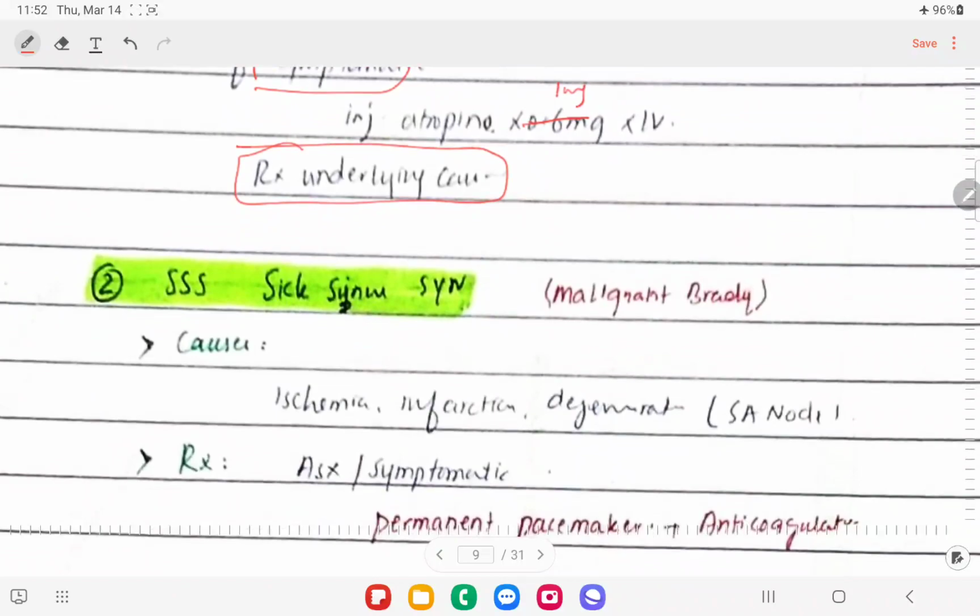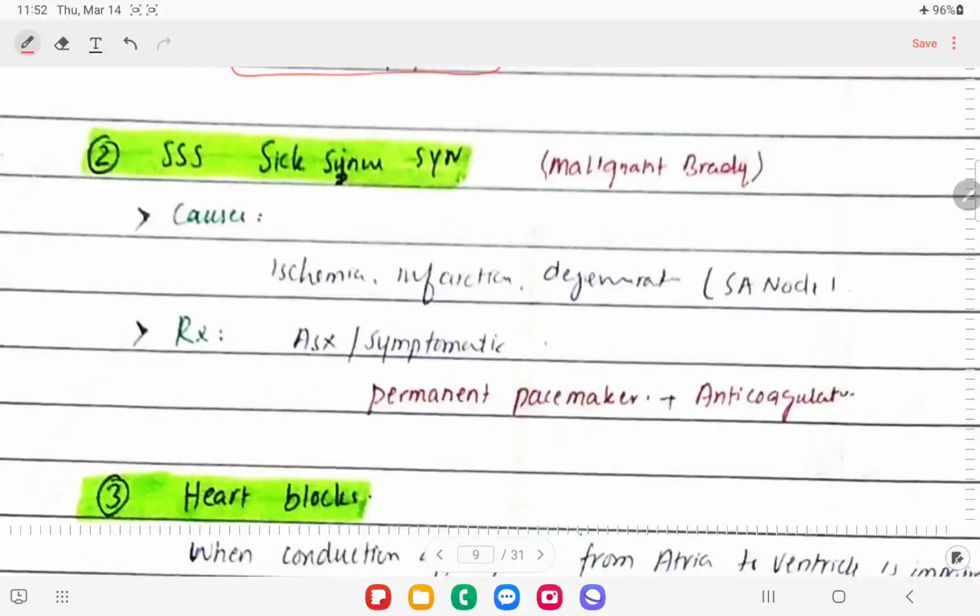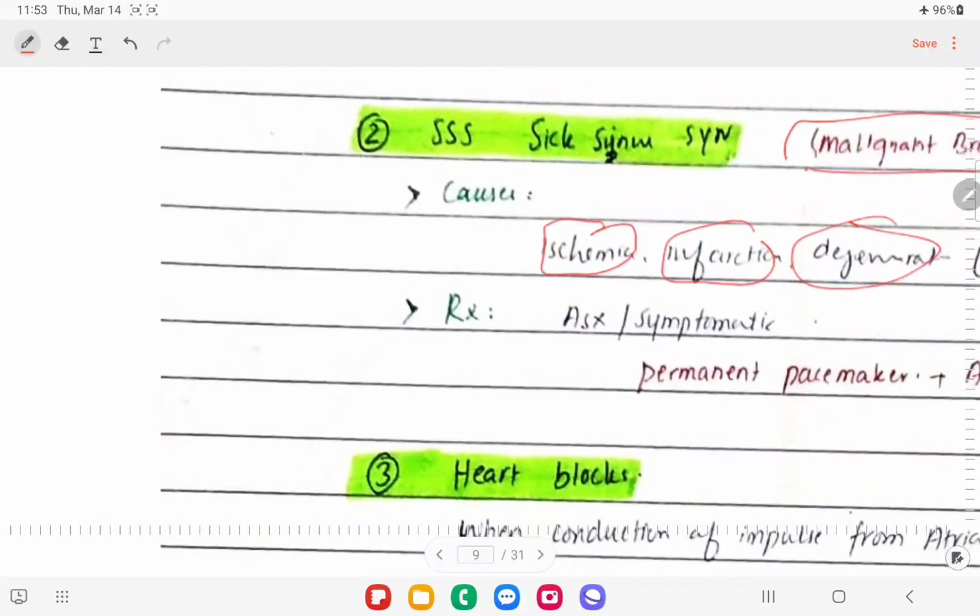Sinus bradycardia is a benign condition, but sick sinus syndrome is a malignant bradycardia. Causes include ischemia and infarction of the SA node or degeneration of the SA node. In sick sinus syndrome, sometimes we won't find any P wave; sometimes the P wave is absent.